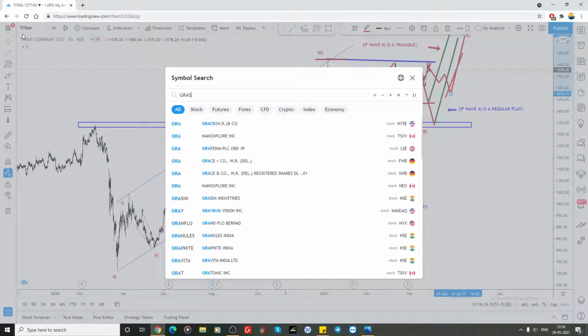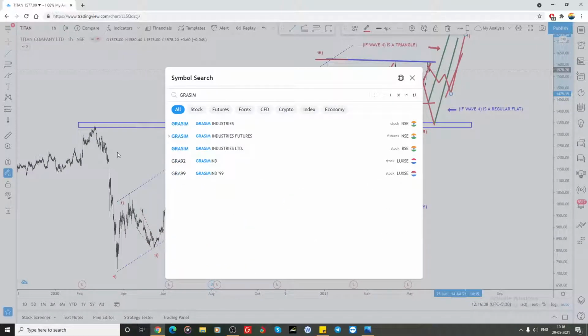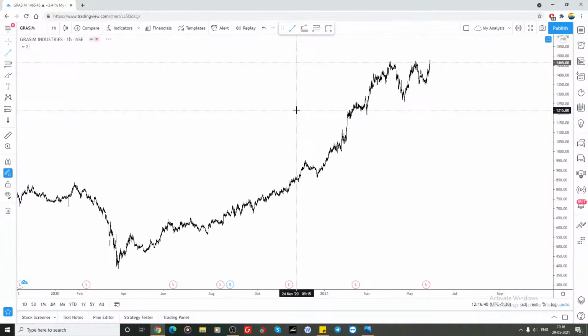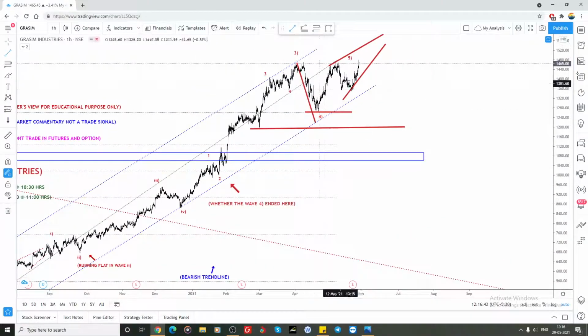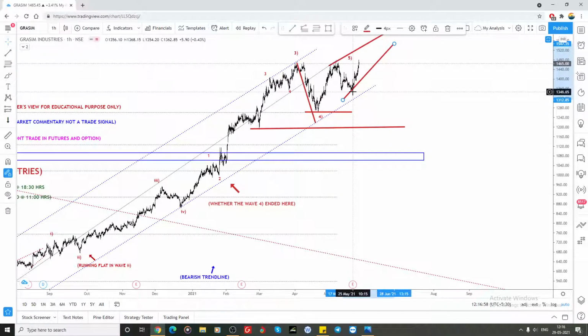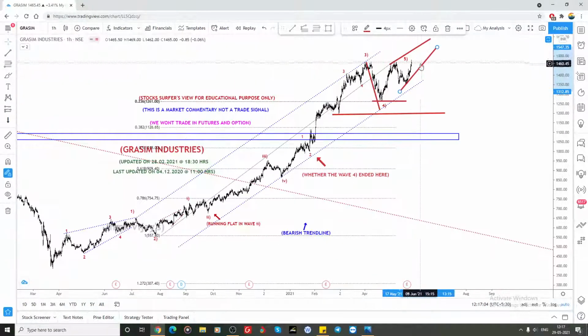So let's move on to Grasim. Sorry. So I already explained that it already broke the high of this. So either this could be the end of the fourth wave and the fifth wave is already done, or it could be making a diagonal wave, the C wave, the final wave of the wedge formation also. So 1, 2. So again I am expecting five-wave structures, and again for the third, and again three-wave structures, and fourth.